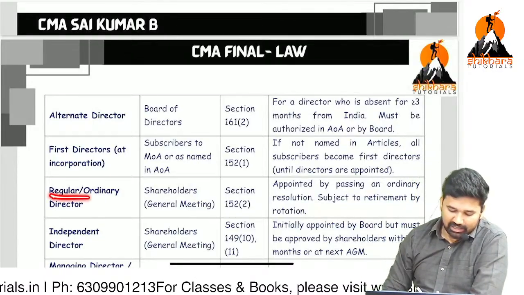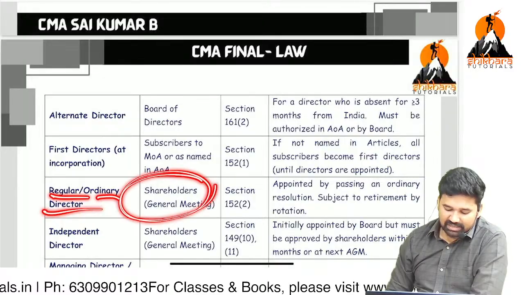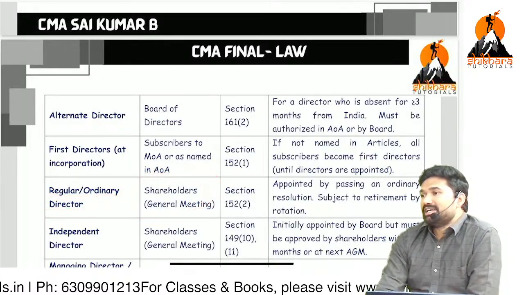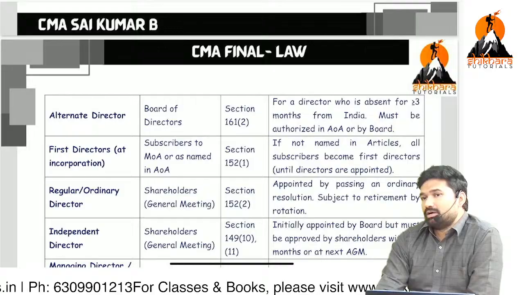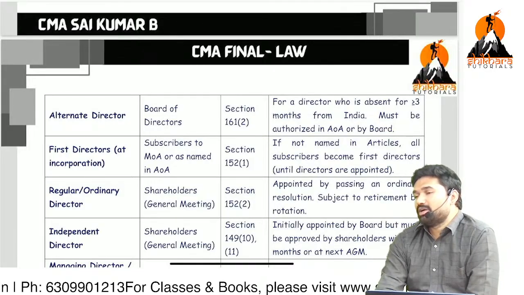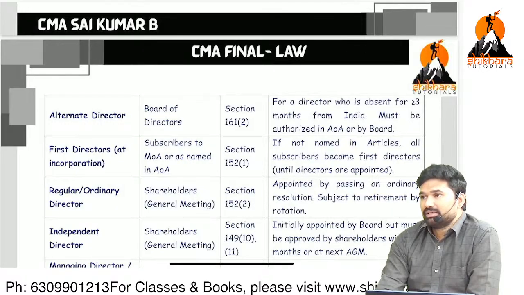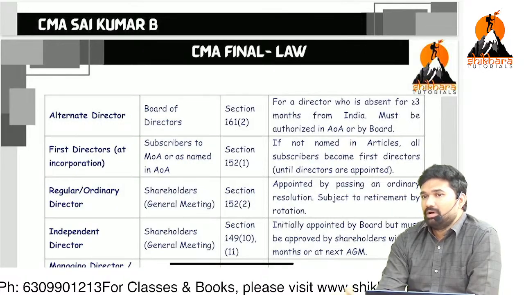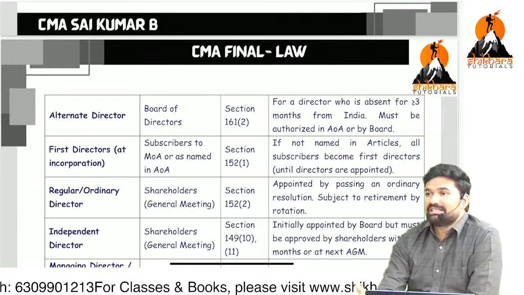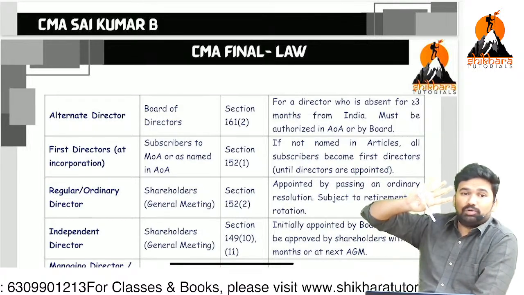And regular or ordinary directors, this is an important thing. In general, regular directors will be appointed by whom? Members. In which meeting? General meeting. It may be AGM or EGM. That is why we have already discussed 4 points, ordinary business 4 points.